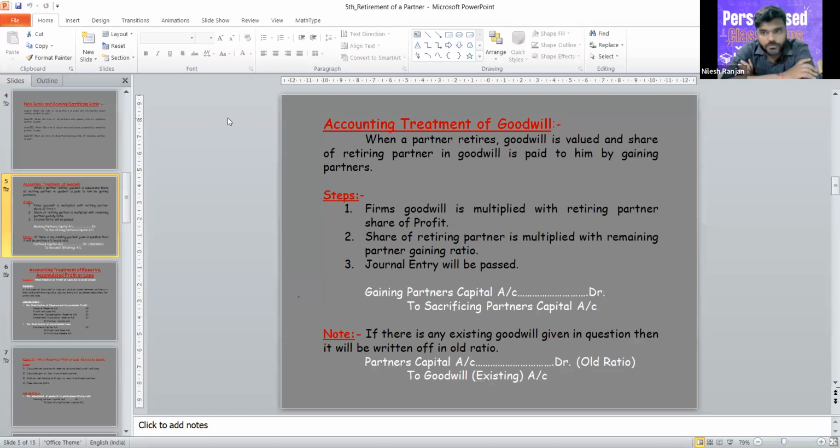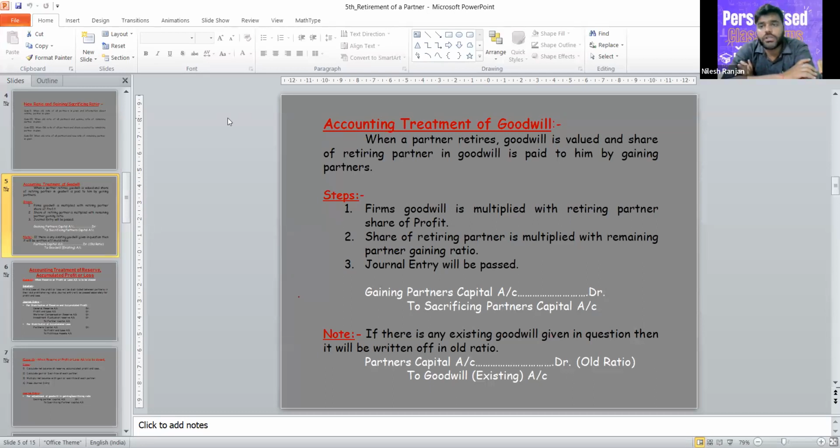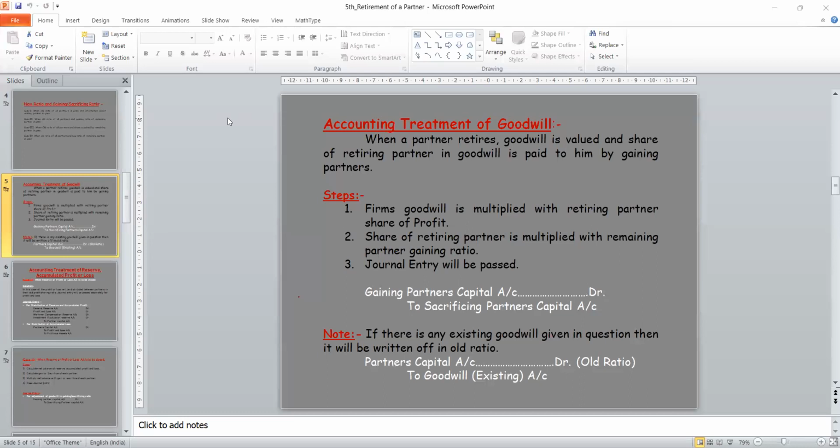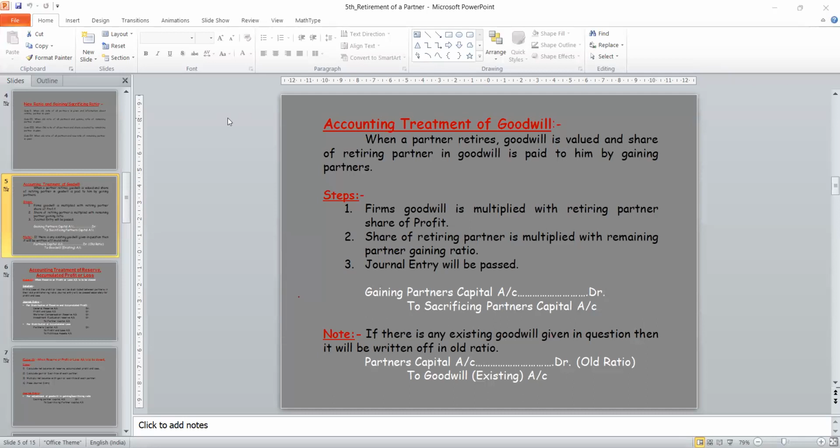We have to write it off in the old ratio, which means between all existing partners, not the remaining partners only. So partners' capital accounts are debited in the old ratio to the existing goodwill account. So valued goodwill is written off in the sacrificing ratio and existing goodwill in the old ratio.